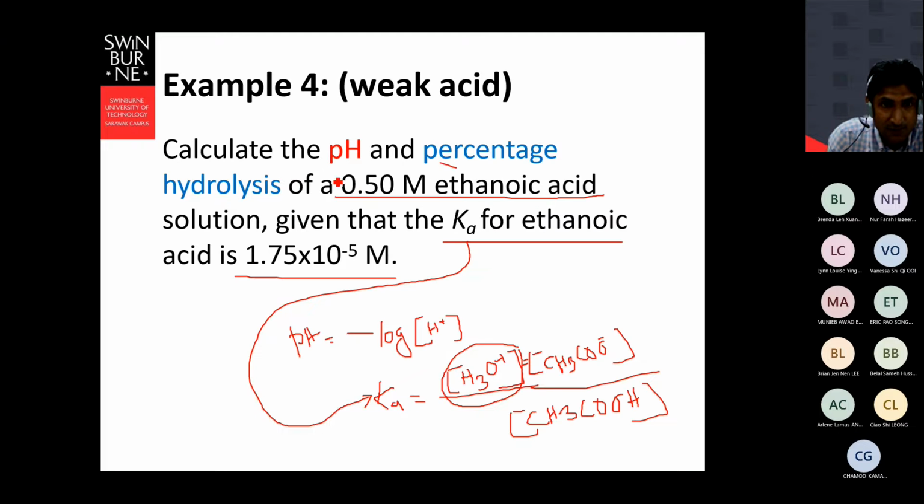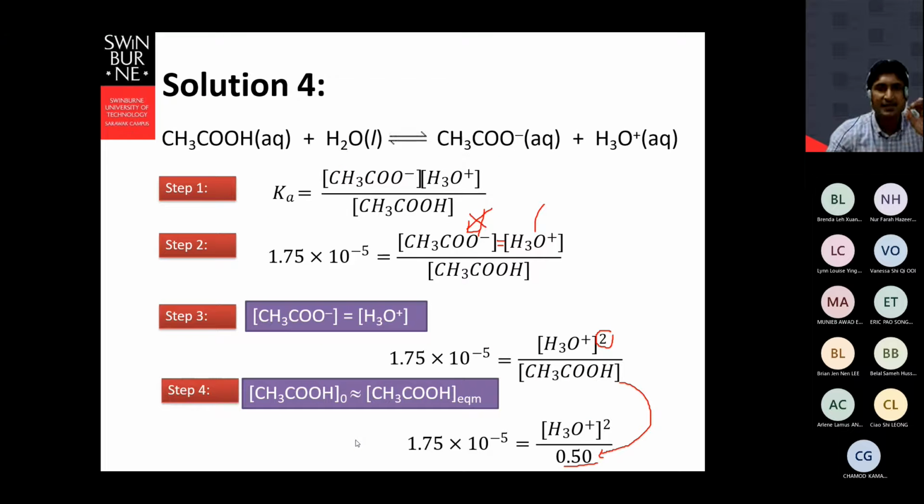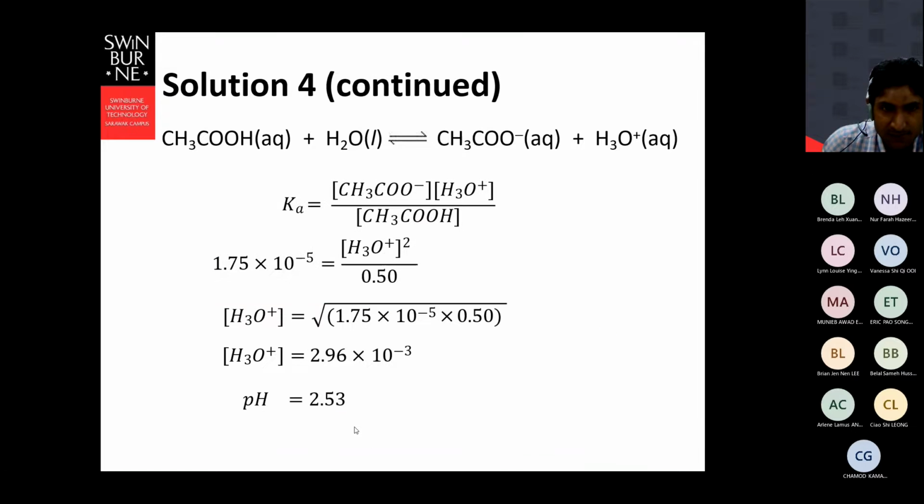We need to do a little check, but we are not going to learn it here; maybe in the degree. So we put this value in, and from there we find the hydronium ion concentration.